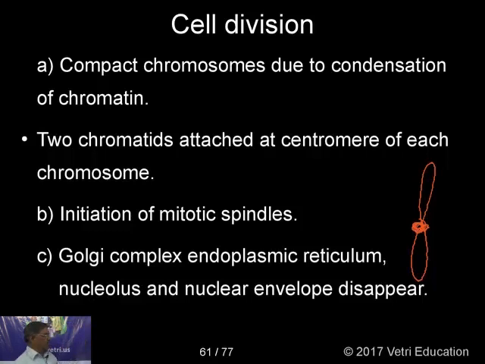Chromatids with centromere. Initiation of mitotic spindles. Golgi complex, endoplasmic reticulum, nucleolus, and nuclear envelope disappear. So in the cell, the chromatin reticulum becomes shorter and thicker, the nuclear membrane is removed, and the remaining cell organelles, Golgi apparatus, endoplasmic reticulum, etc., disappear.